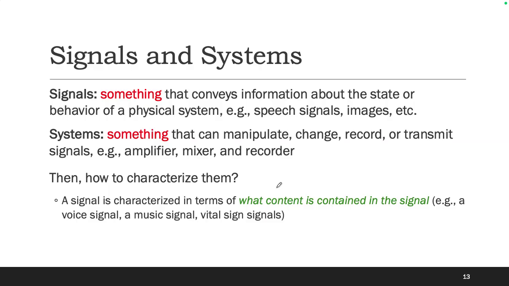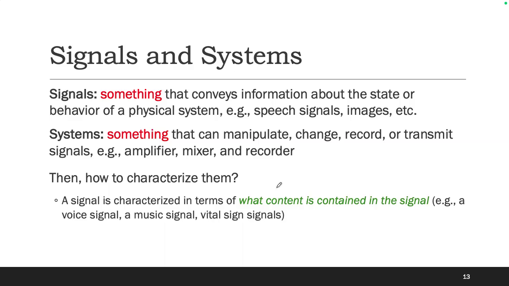For example, a voice signal, a music signal, and a vital sound signal. It can be characterized based on what content is included, because different signals may have different mathematical forms. That makes sense to you?